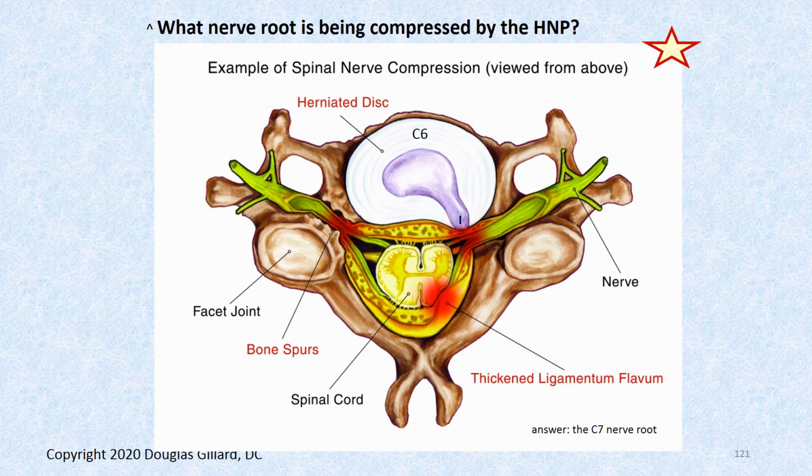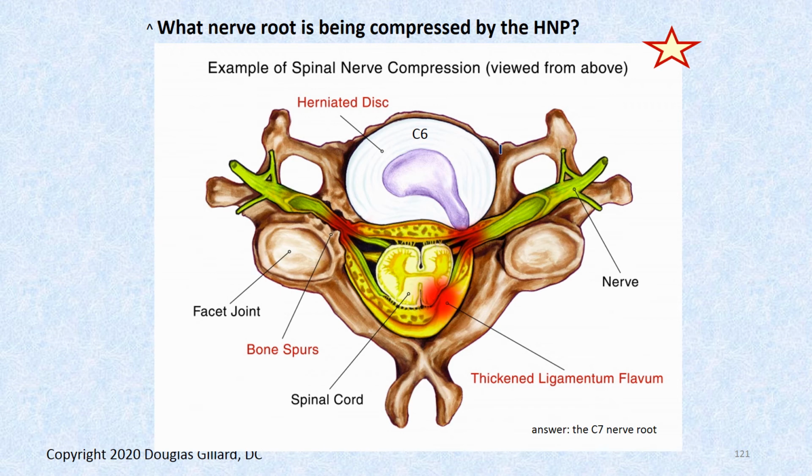Okay, we kind of talked about this: what nerve root is being compressed by this herniation? So this is a C6 disc. That's the C5 vertebra sitting on top of the disc, because the C5 bone would be taken away to see this picture. Or no, let's see. This is a C6 disc, so the C6 vertebra has been taken away.